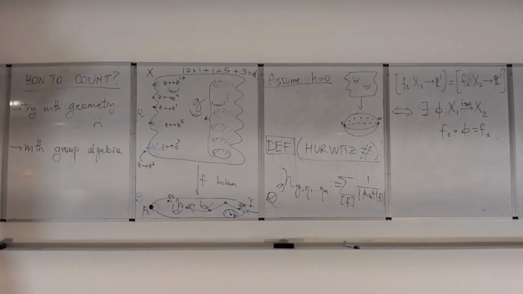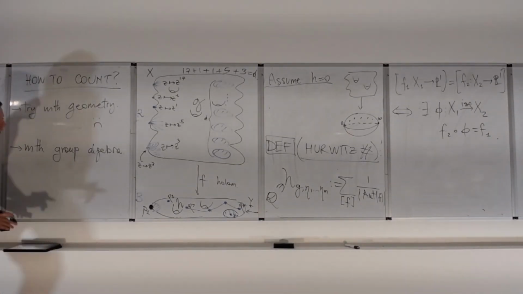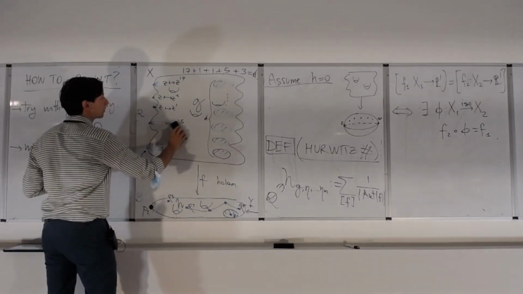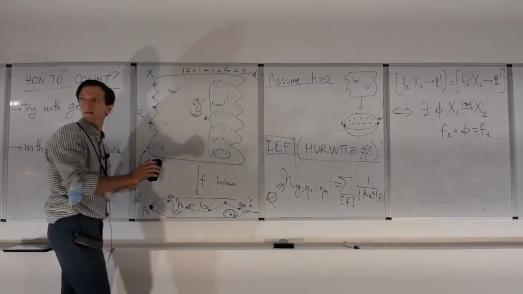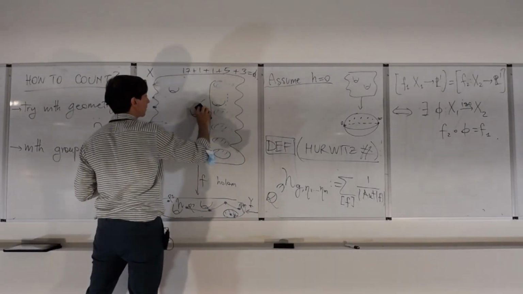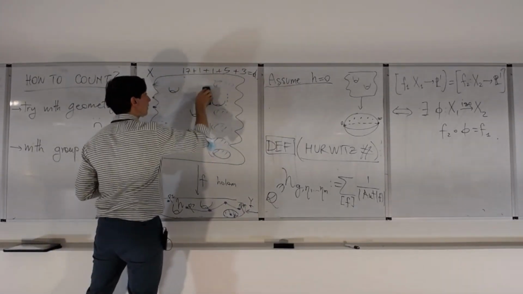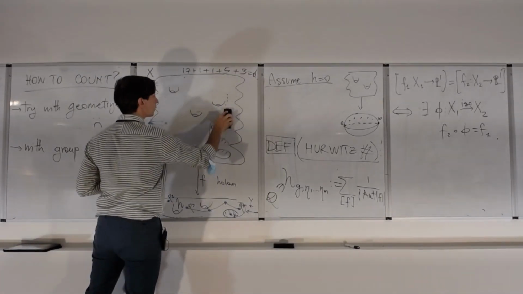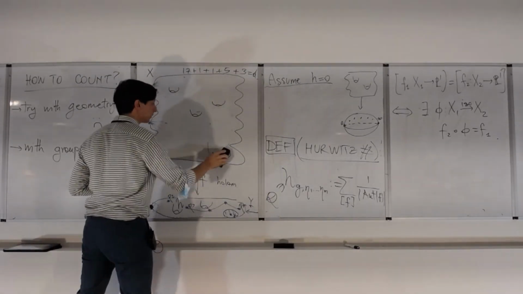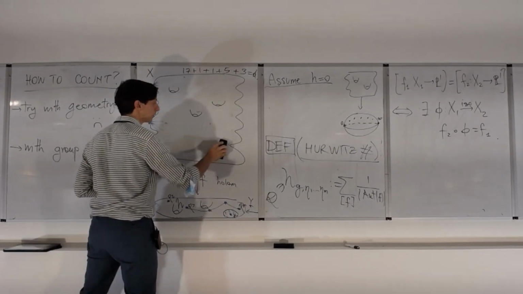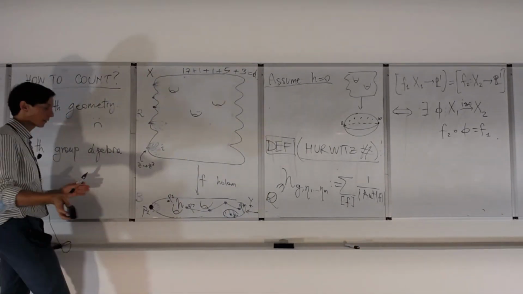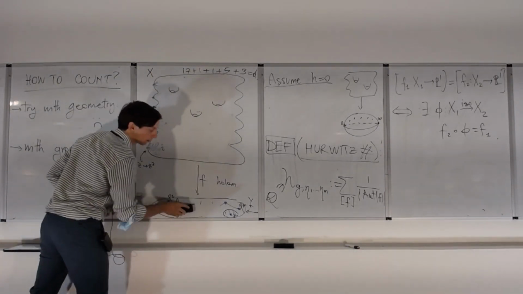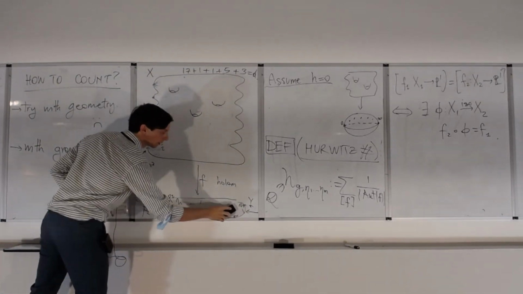So the idea is the following. Now the genus downstairs is 0, so you have a sphere. It's much simpler.